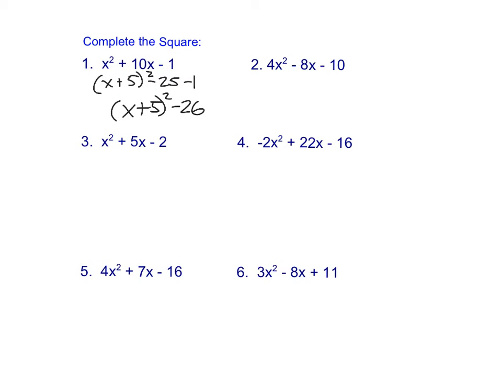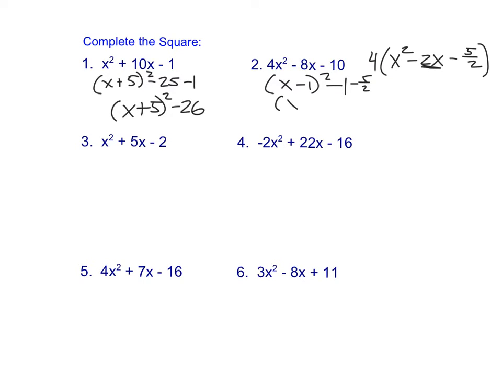For this one, we have to divide by 4 first. We get x squared minus 2x minus 5 over 2. When I simplify, 10 over 4 is 5 over 2. So now I'm going to ignore the 4 for a second. The inside, I have a 2. So that's x minus 1 squared. We have an extra 1 in there, so minus 1 minus 5 over 2.